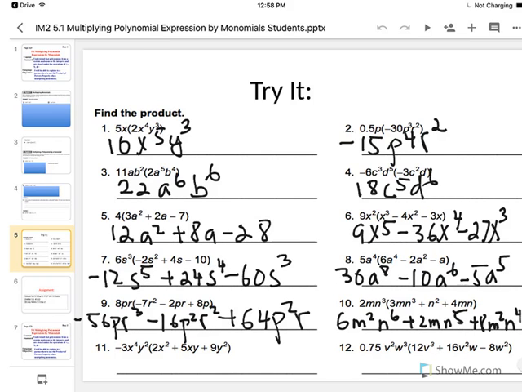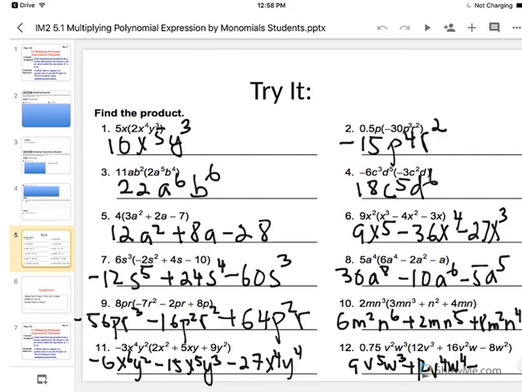Okay, let's go on to number 11. Check your answer to number 11. Check your answer to number 12.